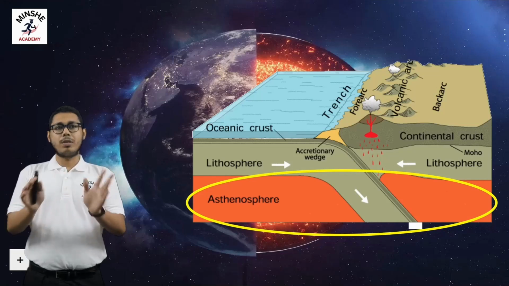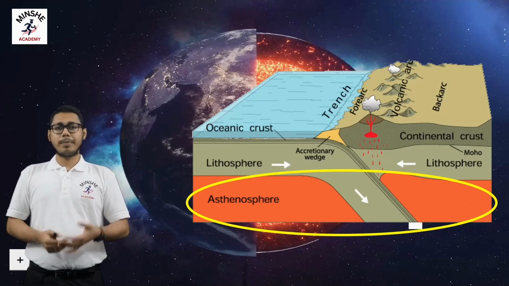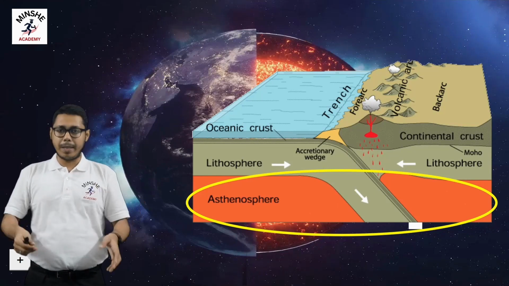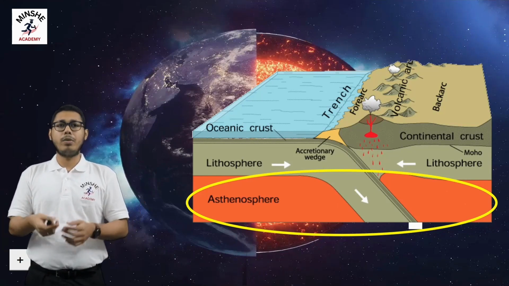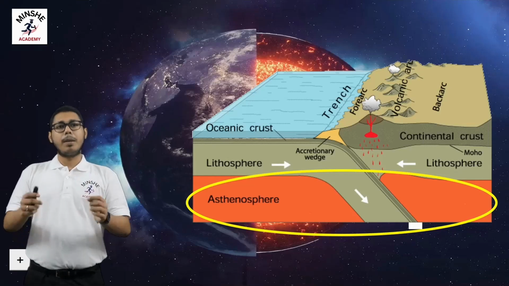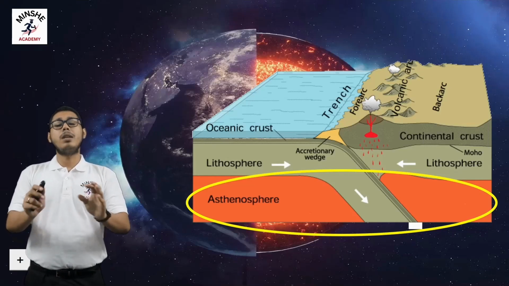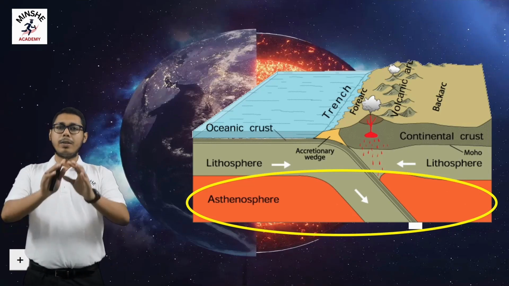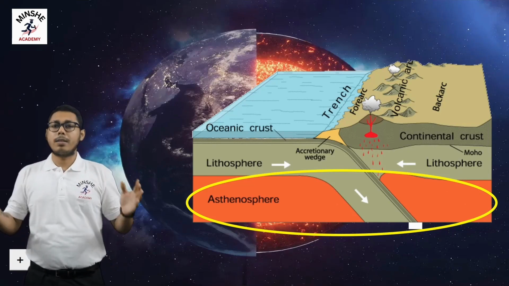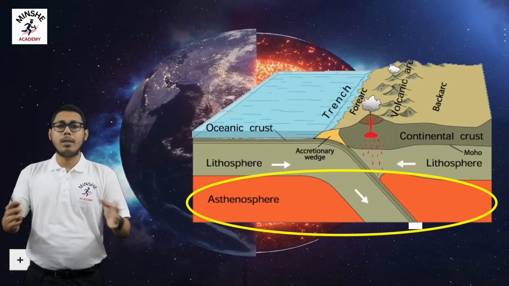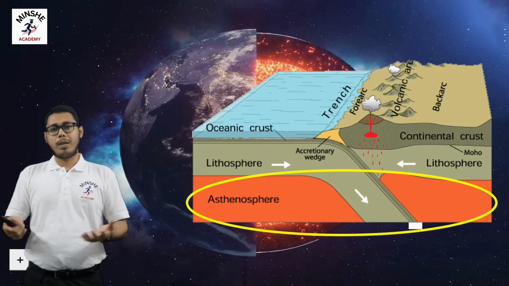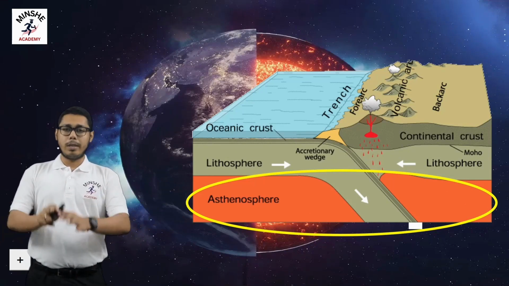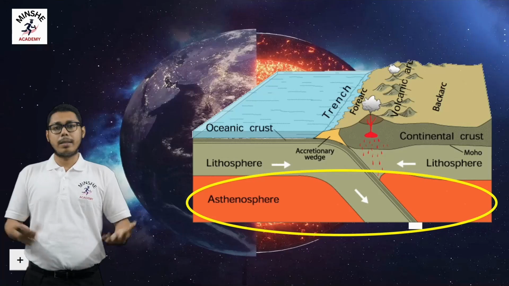So this is causing the movement of the plates, the lithospheric plates. You will come to know about the term tectonic plates, but for the time being, just remember these are lithospheric plates, or you can also say tectonic plates. This is the reason why we see the oceans increasing or decreasing in size. And sometimes we have seen Pangea, it has been observed, but now it is the number of continents that exist.